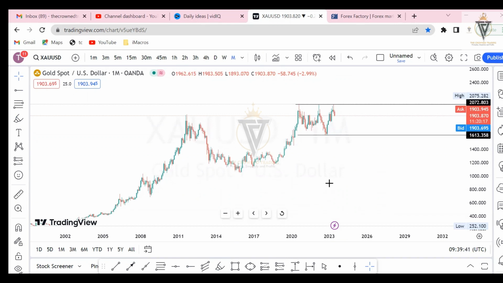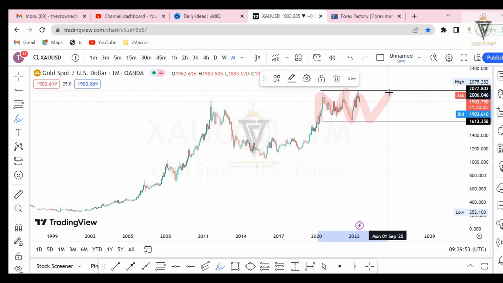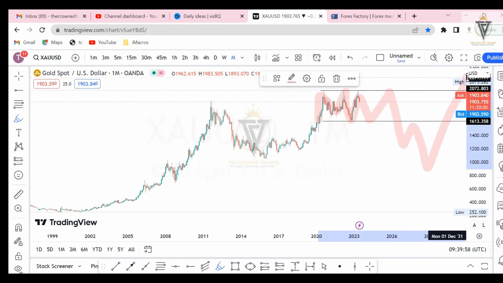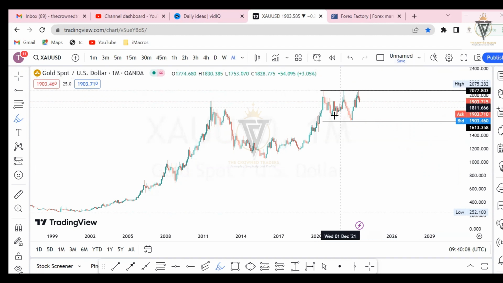For now, we are seeing gold move in a zigzag form. We may have something like this to the upside, or something like this to occur. But either way, we are still good. So we have marked out our highs and our lows.